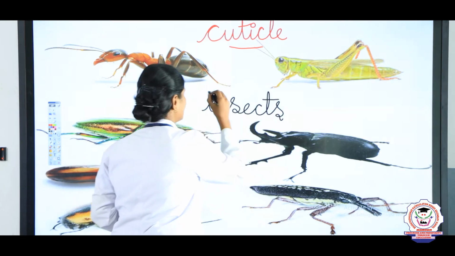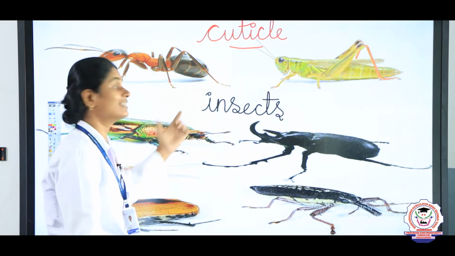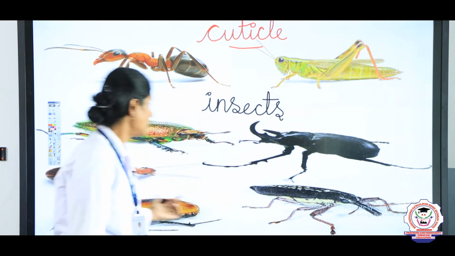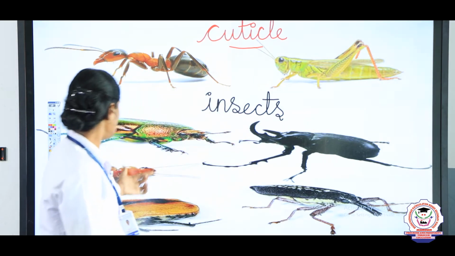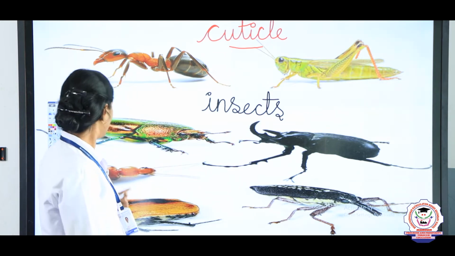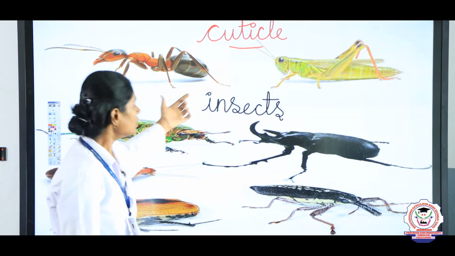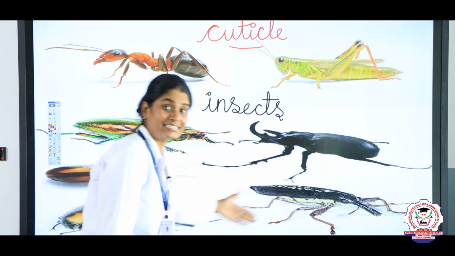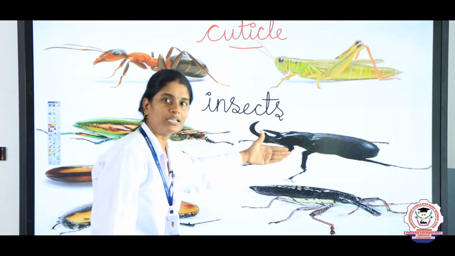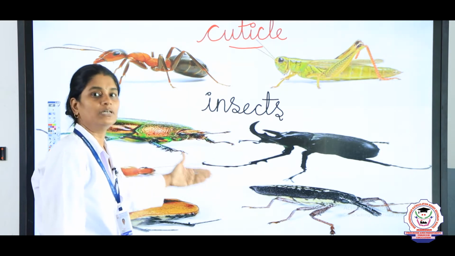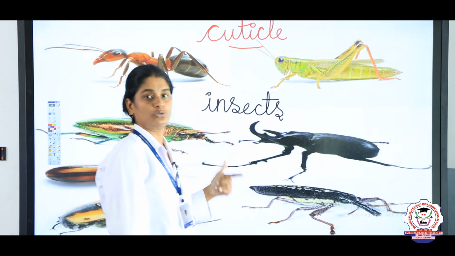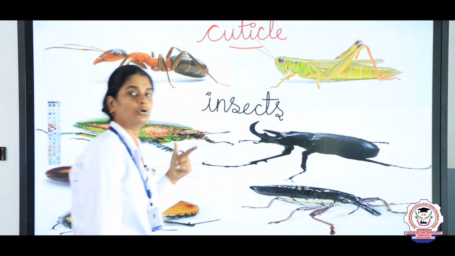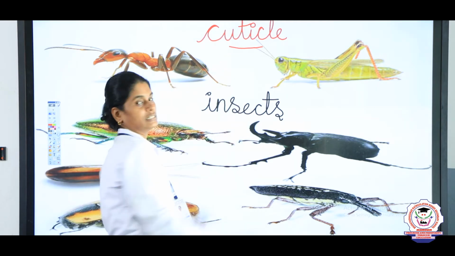Insects like cockroach, grasshopper, ant, bee, and beetle. All these insects have their body covered with a material called cuticle. So the body covering of insects is called cuticle.